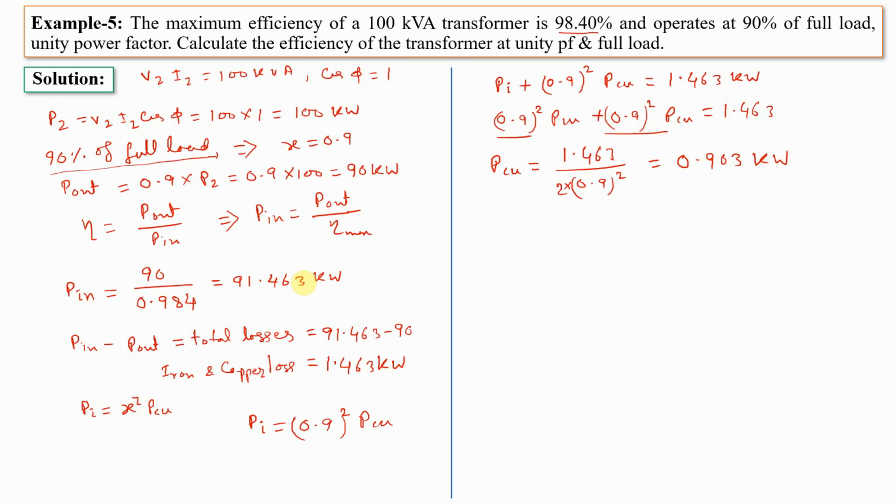So what will be the iron loss? Iron loss can be calculated by the formula 0.9 square into PCU, that is 0.9 square into 0.903.